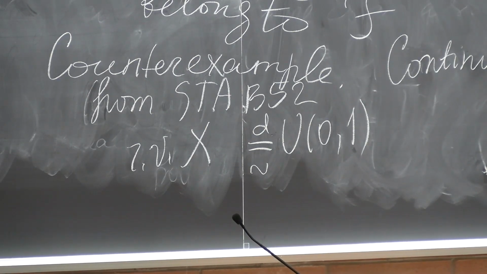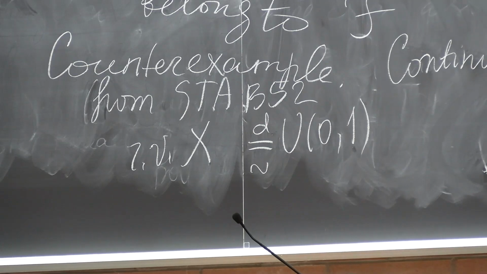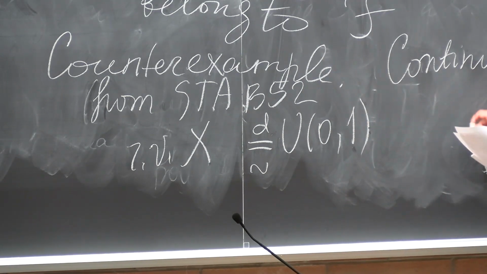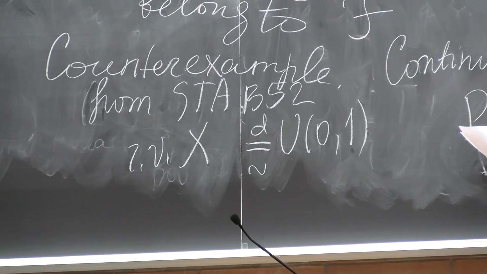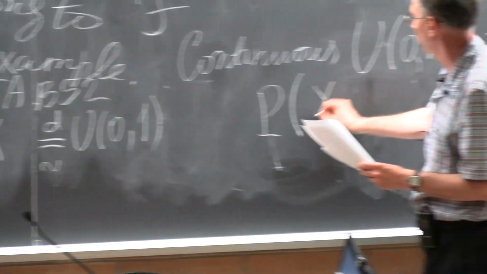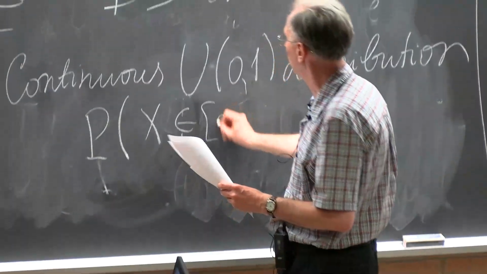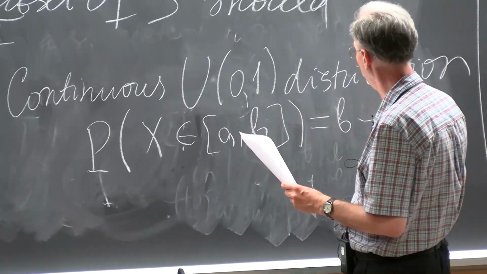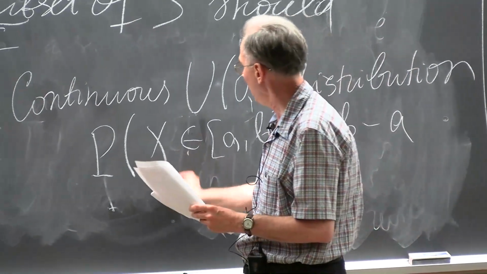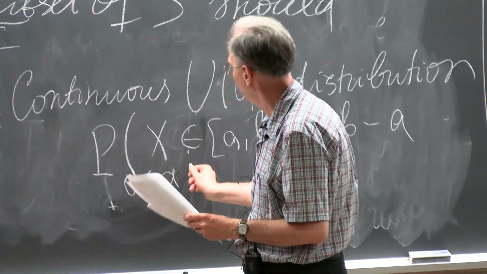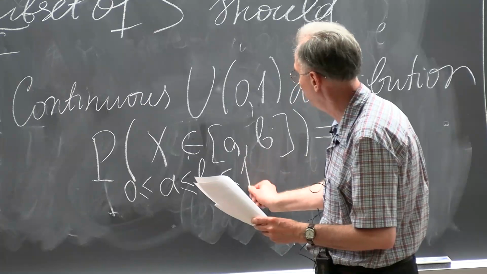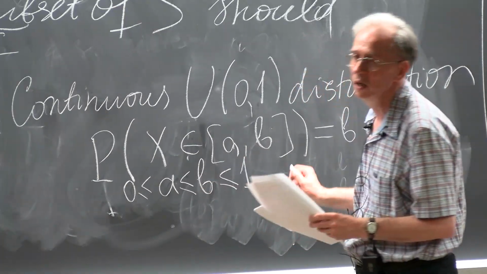Okay? So if you deal with a random variable that is continuous uniform 0-1, it means that the probability of x belonging, say, to the closed interval [a, b] equals b minus a, where a is between 0 and 1, a is less than or equal to b, and b is less than or equal to 1. Yeah?